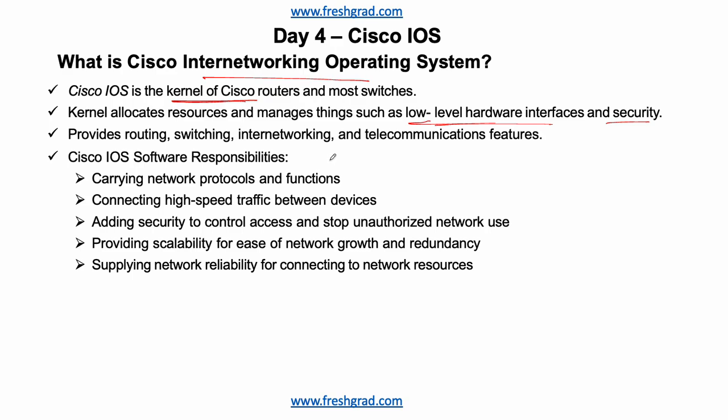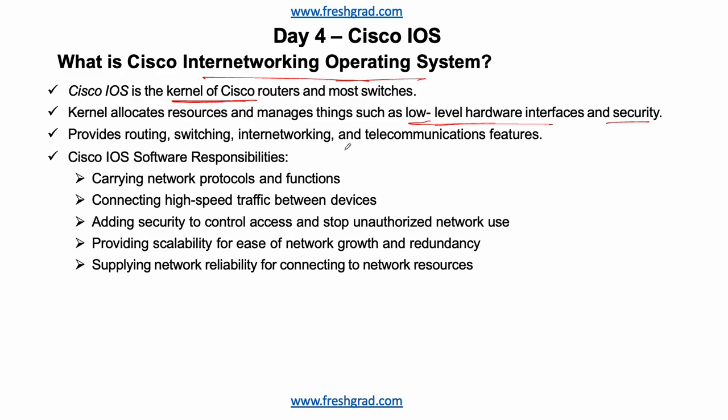In other words, it acts as the brain of the Cisco networking devices, controlling operations, managing the network connection, and it enables data communication between network nodes or networking devices, providing routing, switching, internetworking, and telecommunication functions.